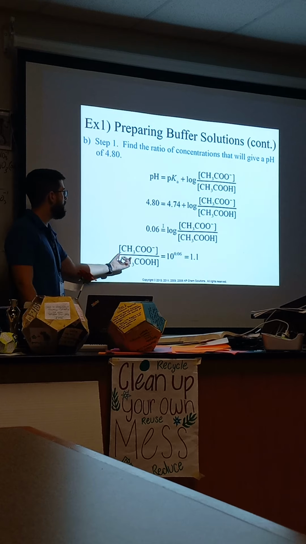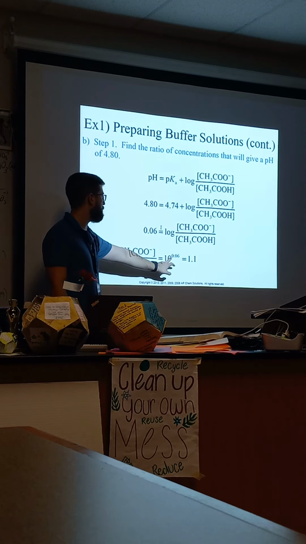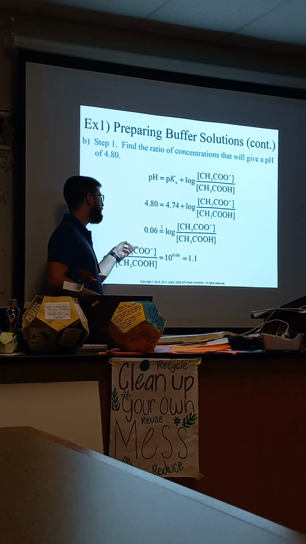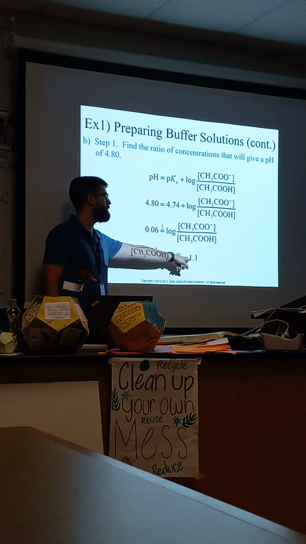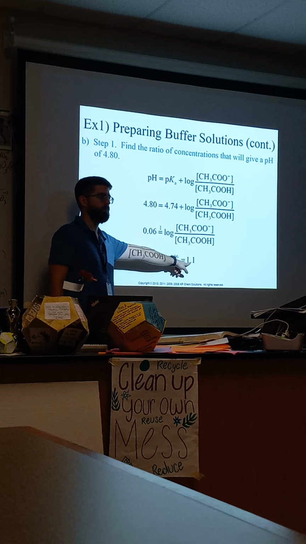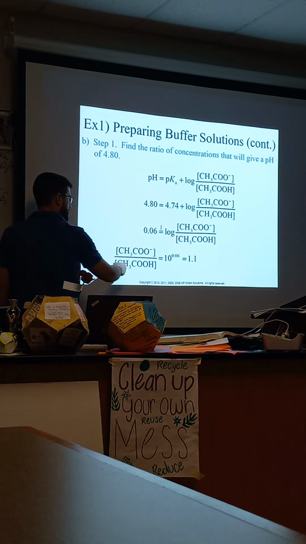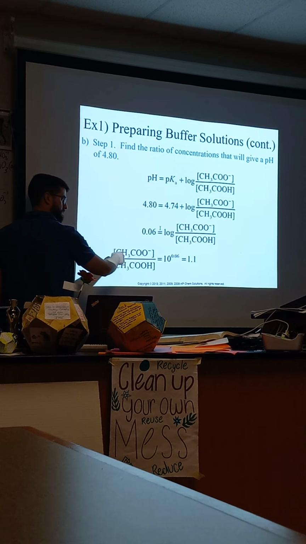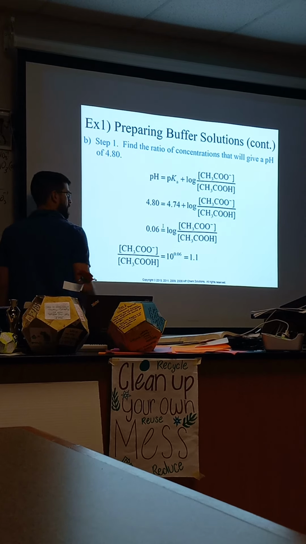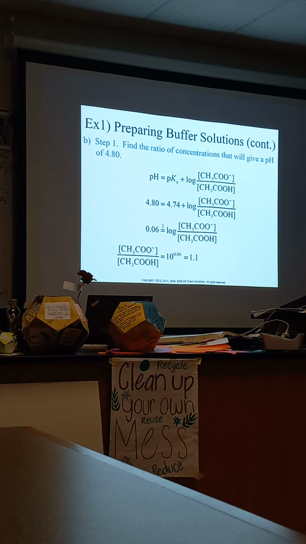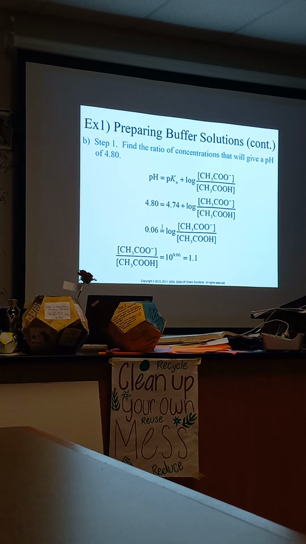And if we put 10 to the 0.06 power, we get 1.1. So now we know that this fraction equals 1.1, which means the top is always how many times the bottom? 1.1 times it, right? I'll give you guys a second to catch up, those of you who are writing.